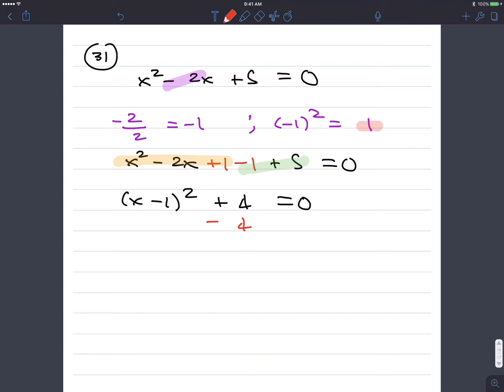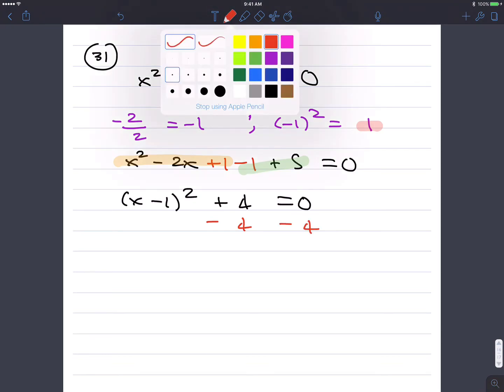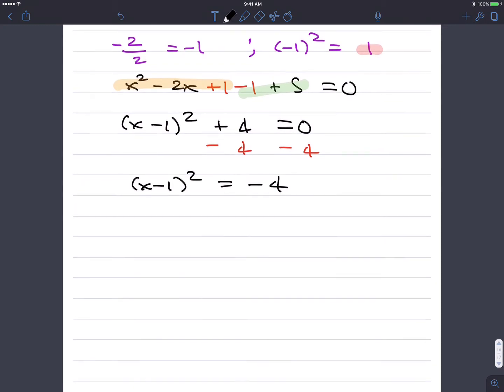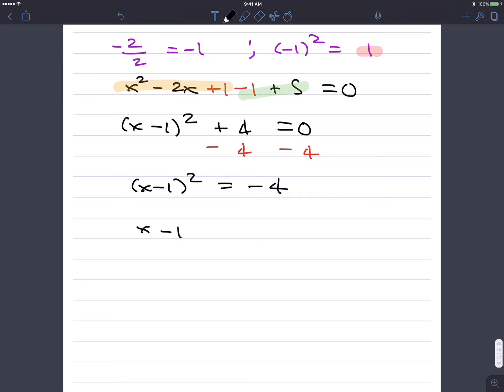We're going to subtract 4 from both sides, and we'll end up here with x minus 1 squared is negative 4. The square root formula says x minus 1 will be plus or minus square root of negative 4. And if you guys recall, the square root of negative 4 here is actually 2i. We're going to replace that with 2i.